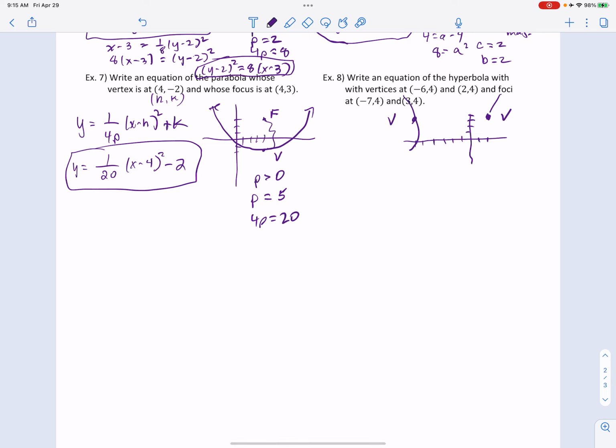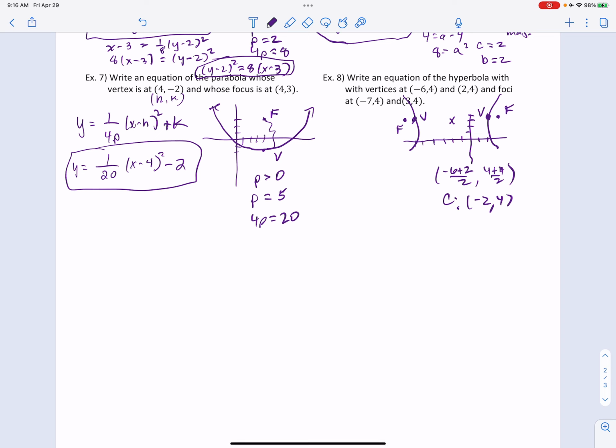So that tells me it's opening to the right and to the left. And foci are at -7, 4 and at 3, 4. So the center of this has to be at the midpoint of the vertices, and you get -2, 4. That is my center.